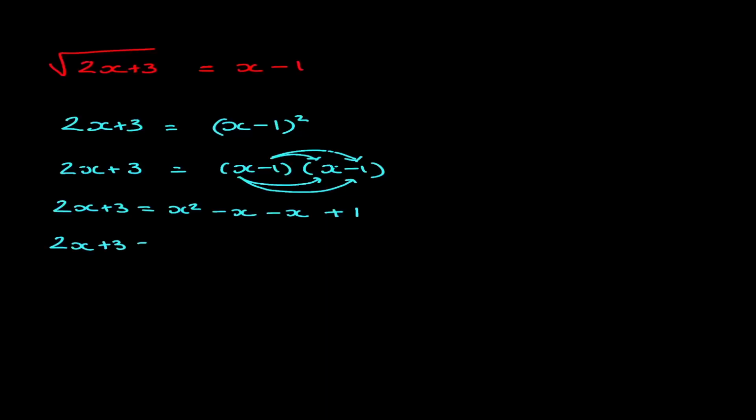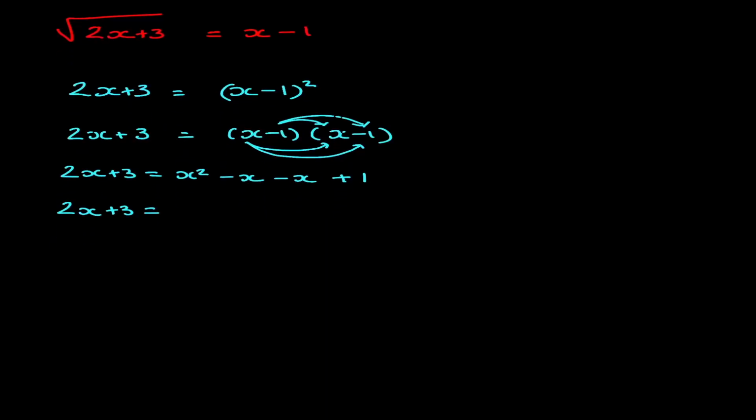Okay, let's collect like terms. So you've got minus x minus x, which is minus 2x, plus 1. Okay, so this is what we're left with.